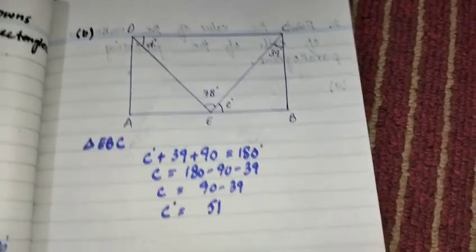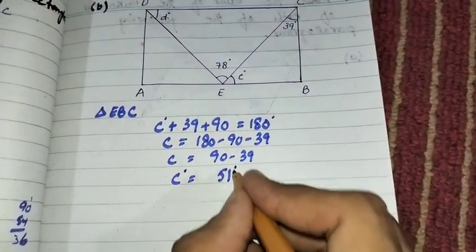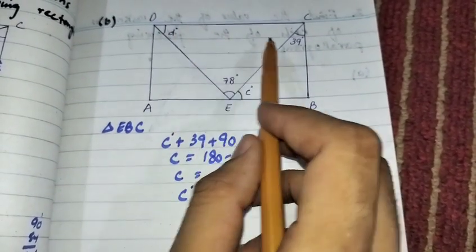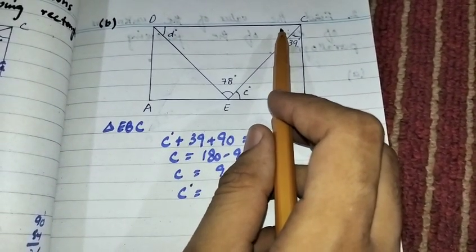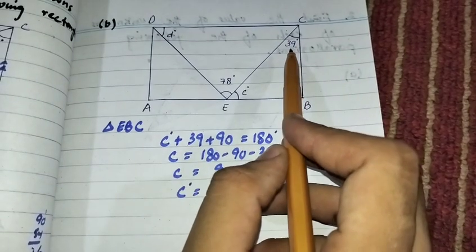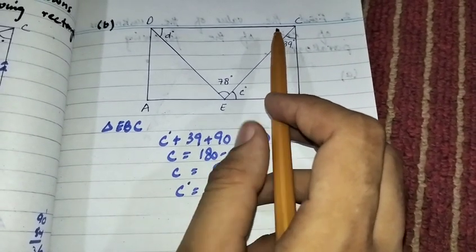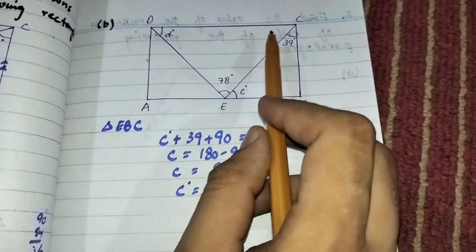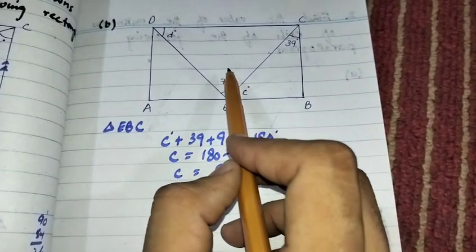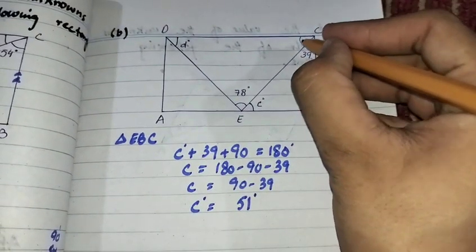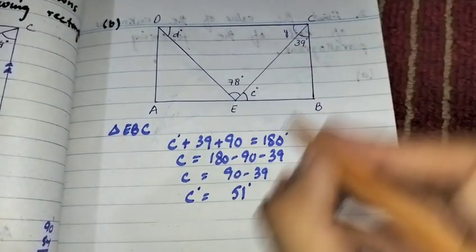So the first unknown, C, is 51 degrees. Now we have to find the angle D. To find the angle D, we will first find this angle by subtracting 39 from 90 degrees. When we get this angle, we will take this triangle, where the sum of all the angles is 180 degrees. I am considering it as y.